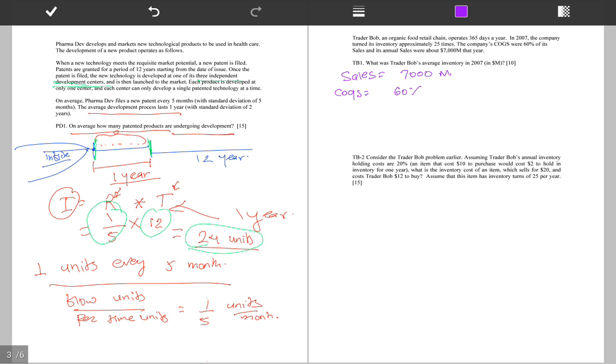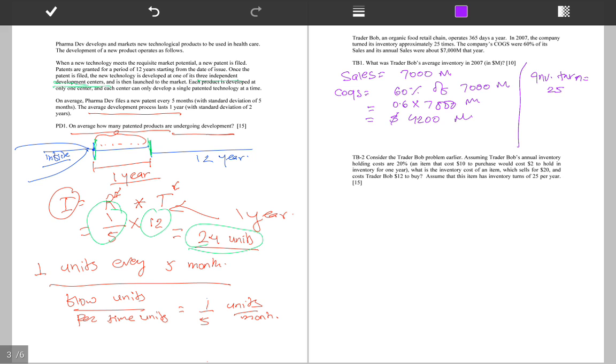So 60% of this 7,000 million is 0.6 multiplied by 7,000 million, which equals 4,200 million. Now the question says inventory turn equals 25. So the question is, how much inventory must they have?